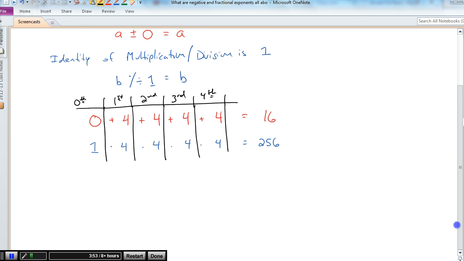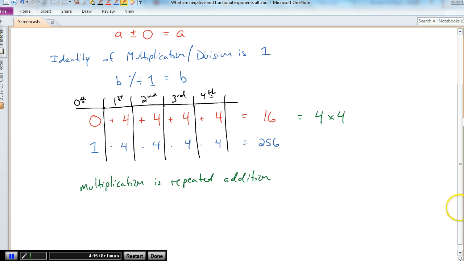It's obvious when you look at multiplication and addition this way that you can see that multiplication is repeated addition. I mean, essentially, this is equal to 4 times 4.